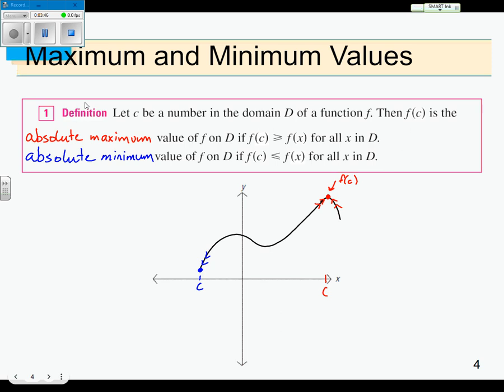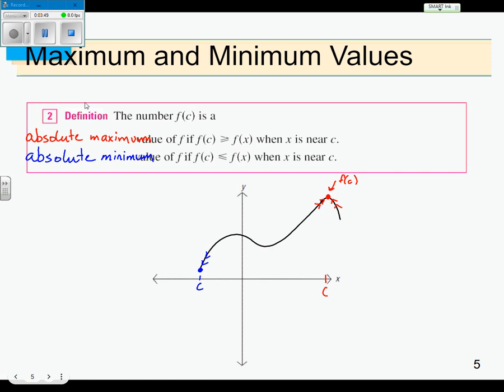Now there's another type of max and min values that we're going to be interested in, called local maximum and local minimum. A local maximum or minimum can be the highest or the lowest value that I have, but it doesn't have to be.